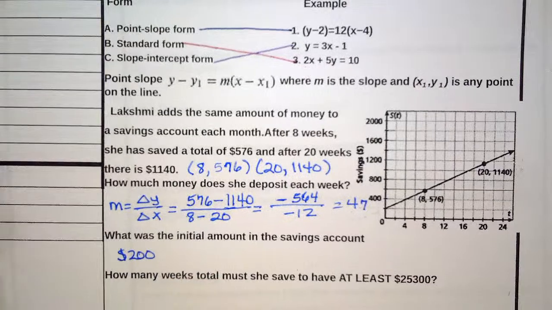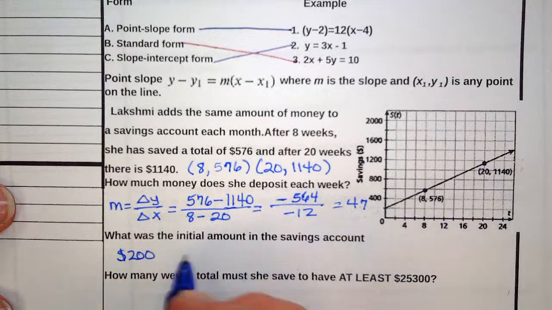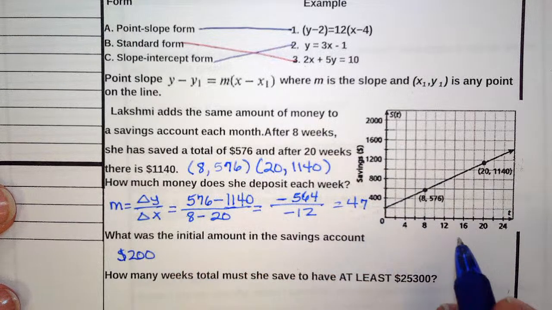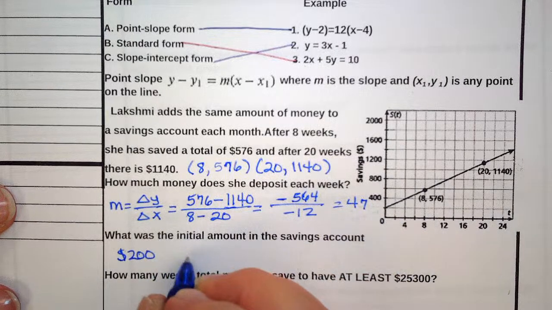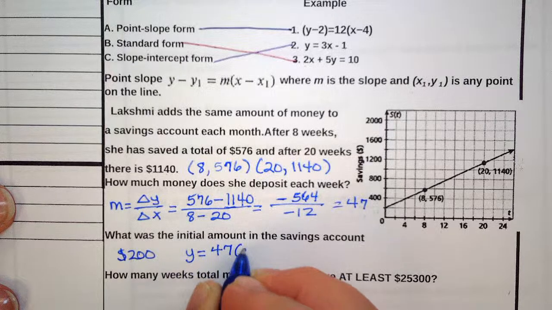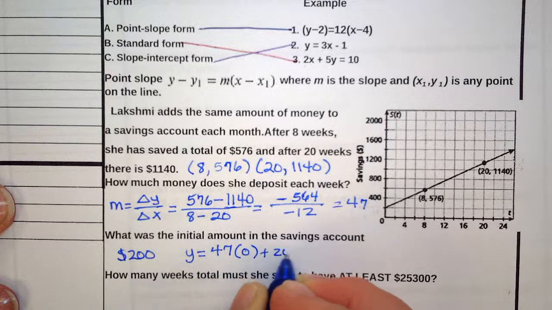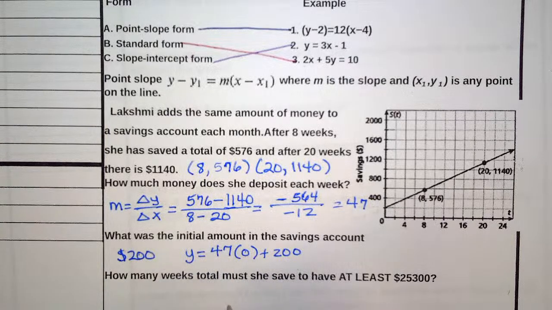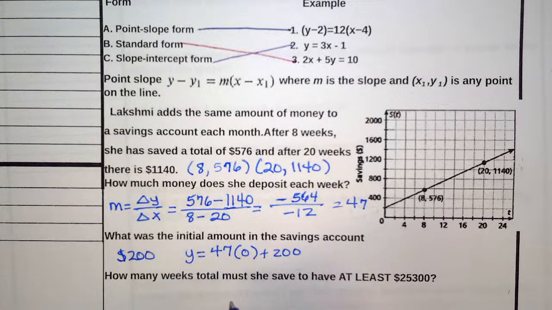How can I check? So this point is 0, 200. So y is equal to 47 times 0 plus b, and b would be equal to 200 then.